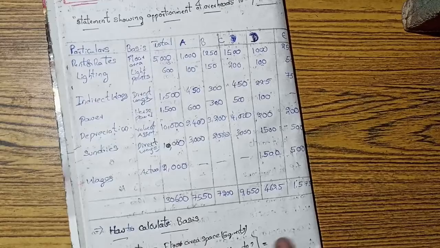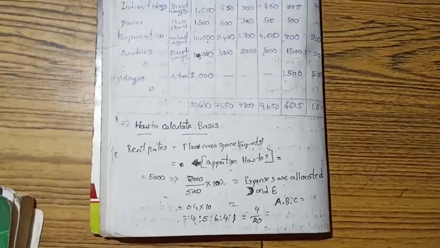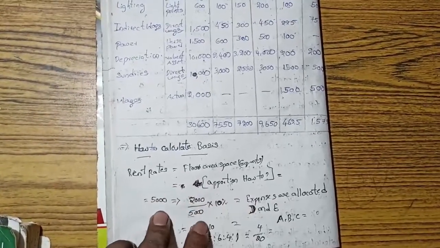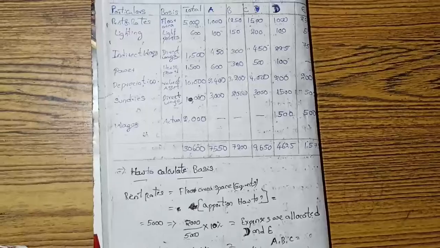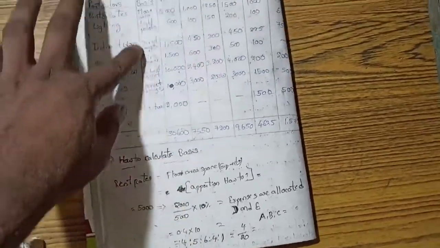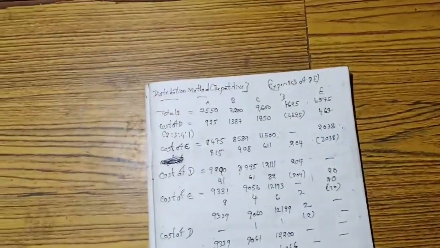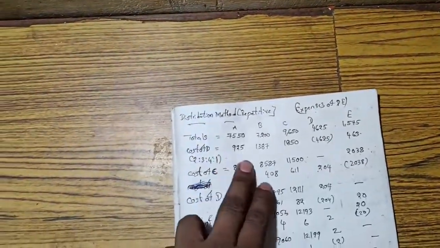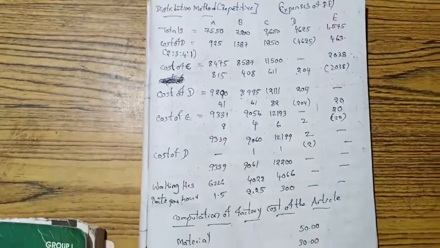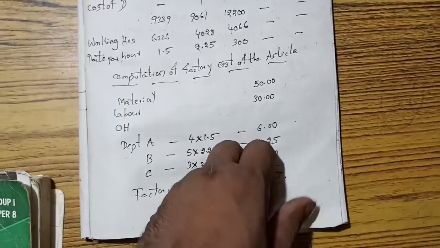Given rent and taxes, how to calculate? You see here, rent, floor area in square meters 2000 divided by 1000 into 10, that is 10%, 0.4. After that we get 4,562. Same applies here, apportion, and then we see the repeated distribution. So take it into consideration. Follow the institute material, and then we calculate factory cost. That's enough. Simultaneous equation method is not given.